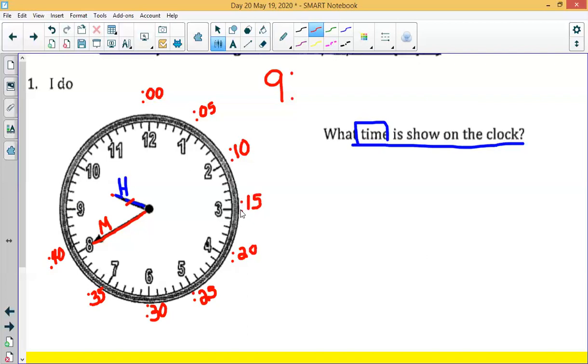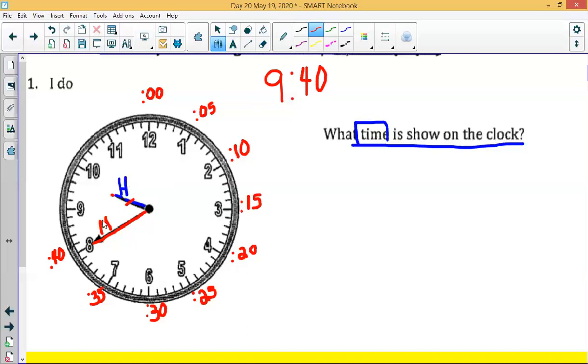And that's 15, 20, 25, 30, 35, 40. So here, our minute hand is directly on that 8. So then our time would be 9:40. 40 minutes past 9. Because it's after 9 o'clock, but it is not 10 o'clock yet.